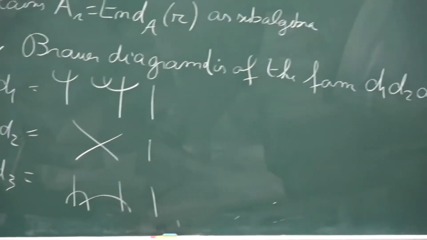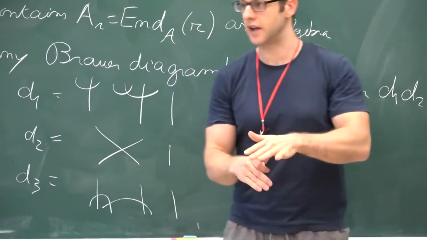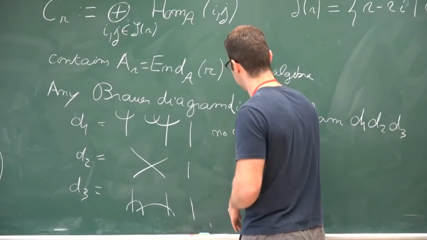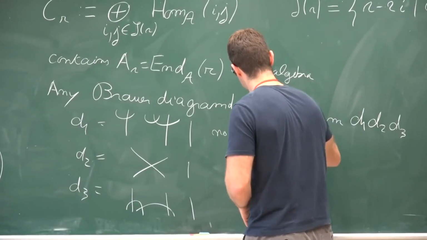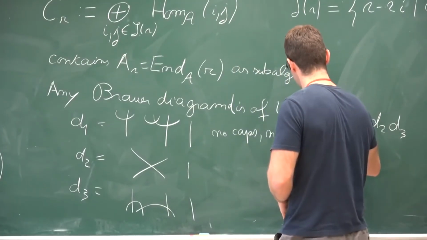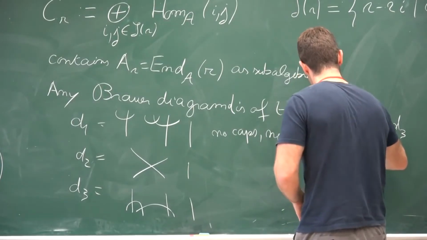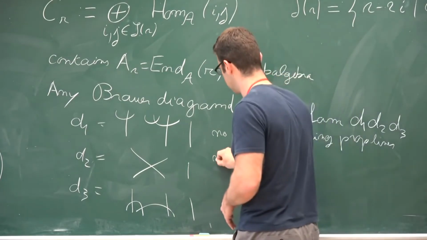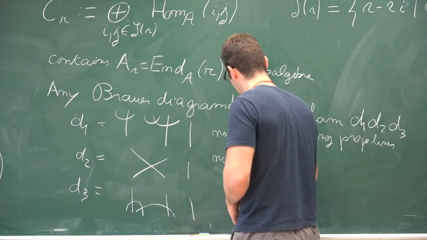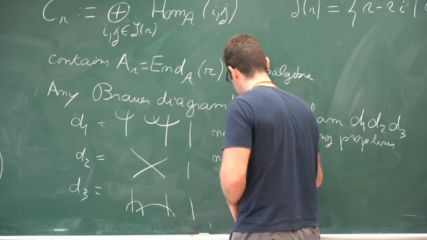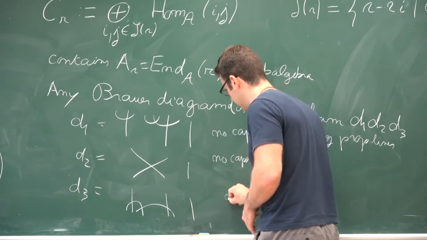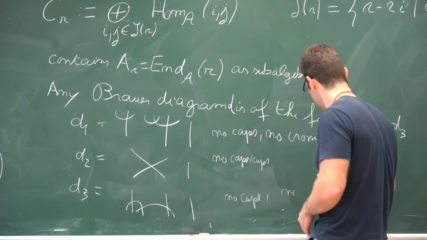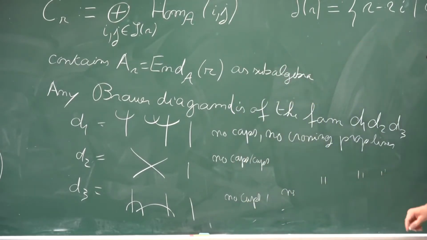So a very elementary observation: any diagram we can see as a product of something which has no caps and no crossing propagating lines, something which has no caps and no cups, and something which has no cups and no crossing propagating lines.